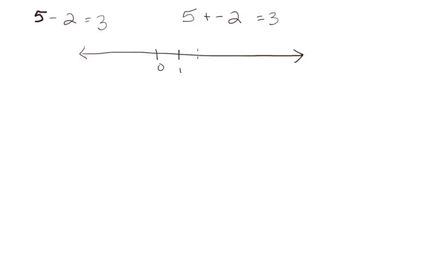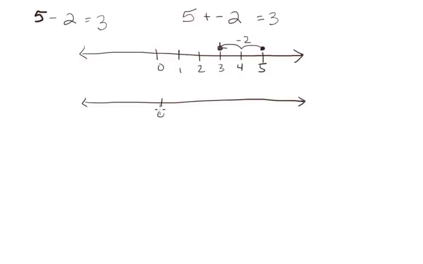So if I start at 5 and I subtract 2, so I'm going to go back 1, 2. This is minus 2. I end up at 3. Similarly, and I'm going to show this with some different colors.